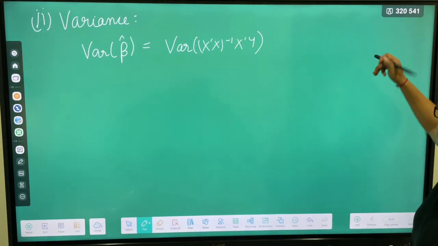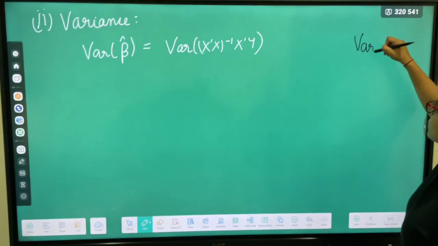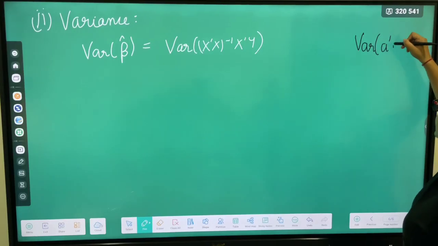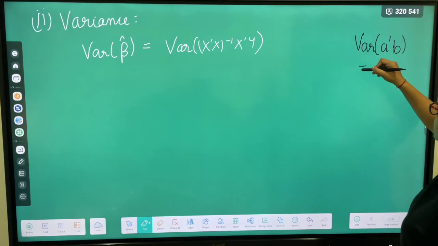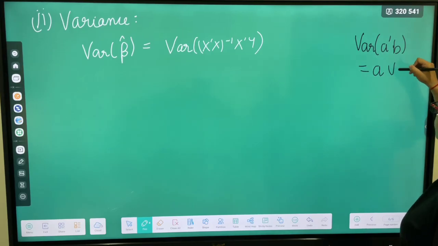Now we know that variance of A dash B can be written as A variance of B into A dash.